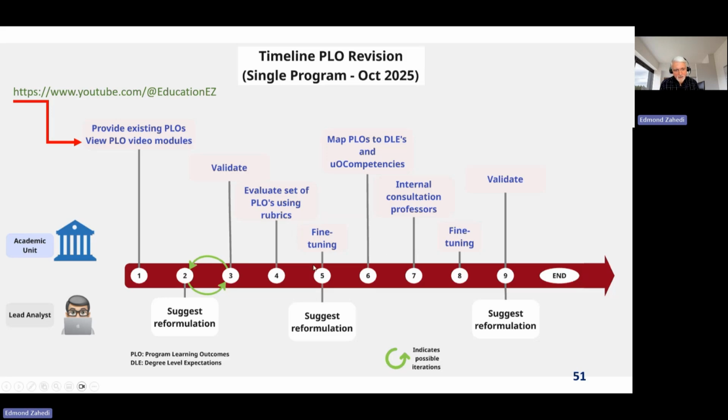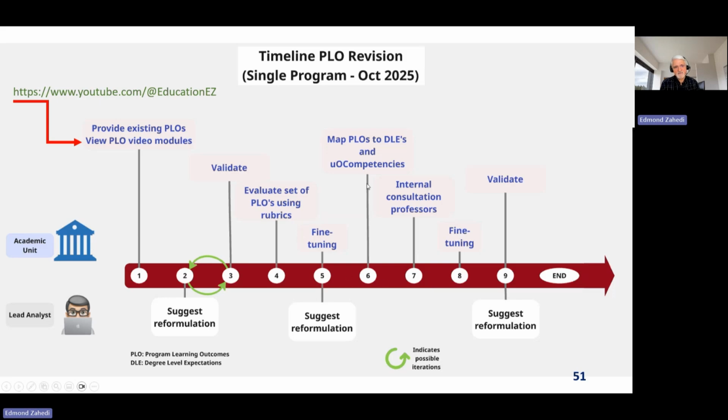Once we go to the next stage, generally what happens is that 1 or 2 PLOs are found in need of more refinement. So this is what is going to happen in phase 5. In phase 5, there's going to be some refinement, and I will be at your service to suggest reformulation to realign this with the syntax, not to go away from the syntax that we have.